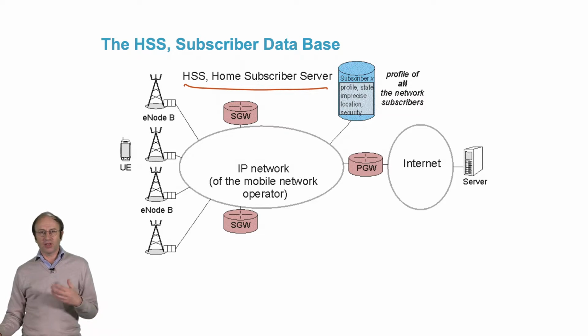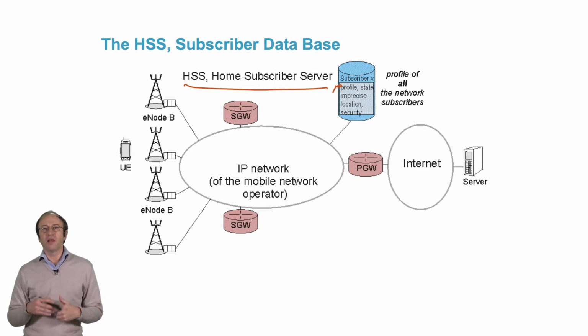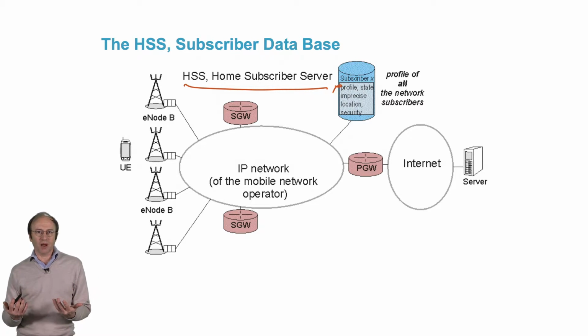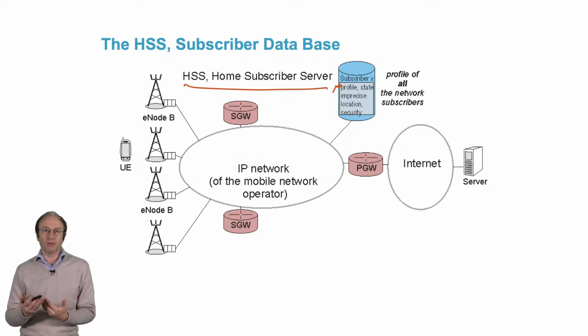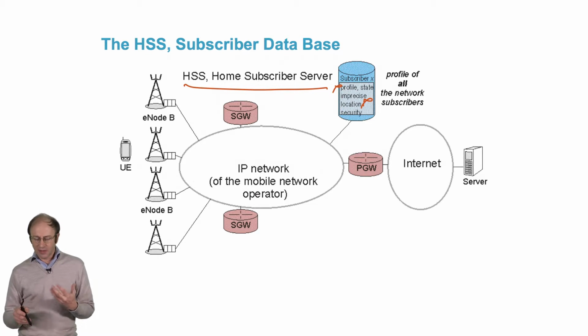In the HSS, we find the profile of all the network subscribers. That is, the list of all subscribers, their identity, their rights, I mean the services subscribed to, and their location. There are also security data which enable access control.